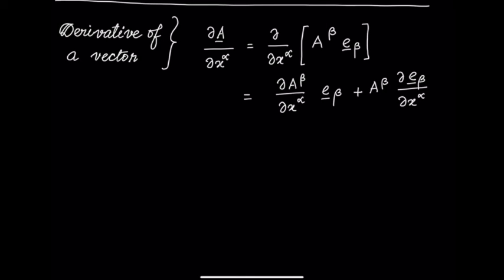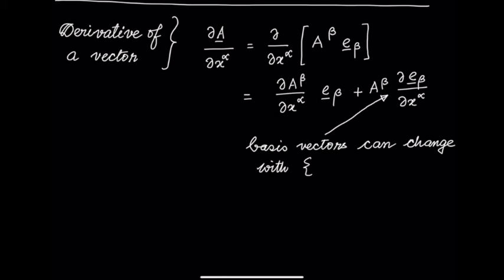Let me write explicitly that this term is coming because basis vectors can change with coordinates, which is x alpha. When I write x alpha with curly braces, this essentially means it's the set of all 4 coordinates. So E beta changes with all coordinates.